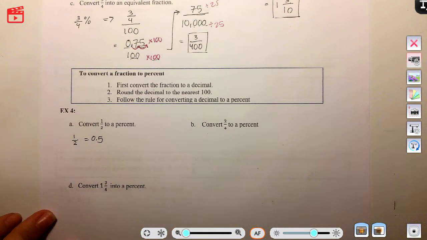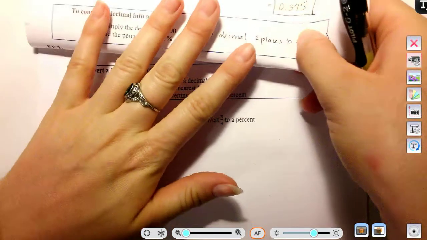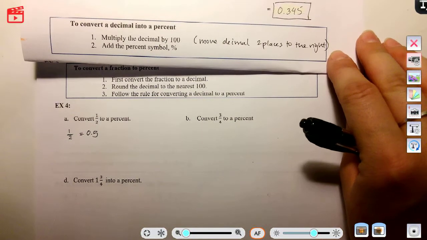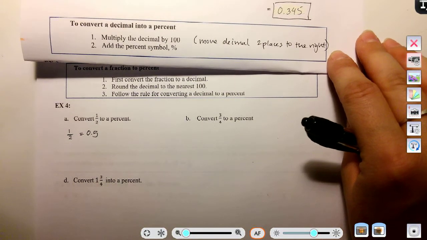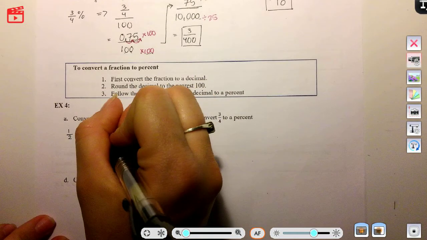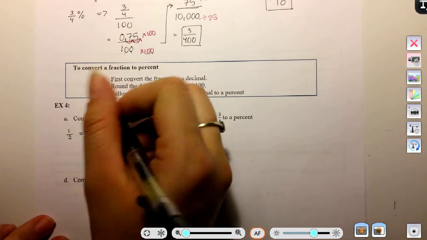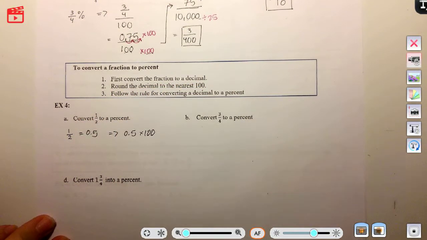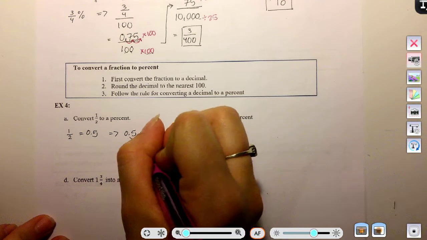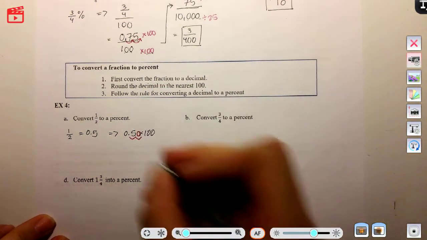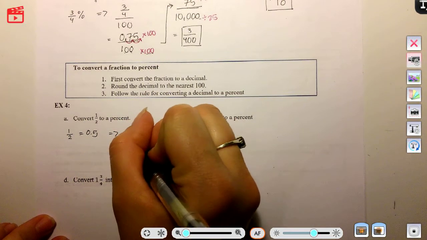Step 3, follow the rule for converting the decimal to a percent. So what is that rule? Converting a decimal to a percent, you multiply the decimal by 100 and add the percent symbol. Let's do it. 0.5 times 100, we move the decimal over 2 places, 1, 2, add in that extra 0, and we have 50.